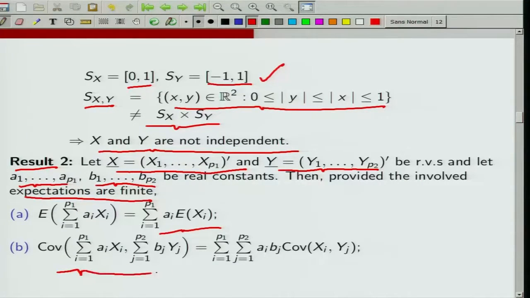And covariance is also linear, in the sense that covariance of summation i equal to 1 to p1 a i x i and summation j equal to 1 to p2 b j y j is the same as summation i equal to 1 to p1, j equal to 1 to p2, you multiply a i with b j, and then take the covariance between x i and y j. So, it is linear in that sense. So, let us try to prove this. Proving this is not difficult.